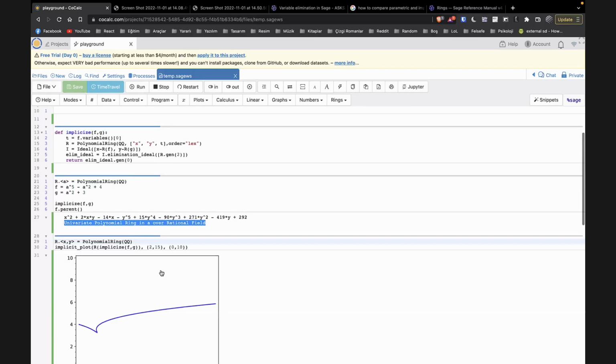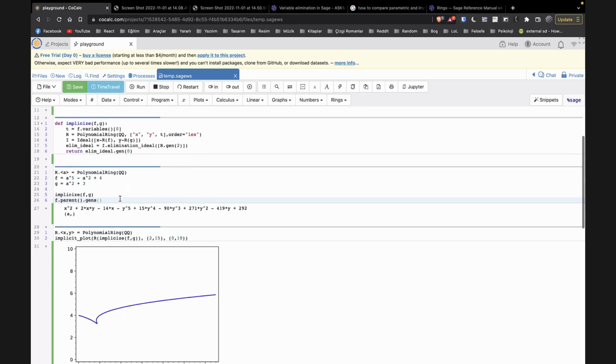Can you write dot gens after parent? This will give you the list of variables of the polynomial ring. If it had more variables, it would give you more in the list. And that's true for any object, because every object has a parent in Sage.